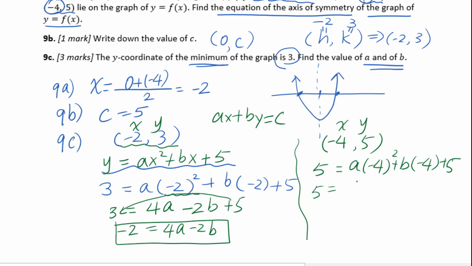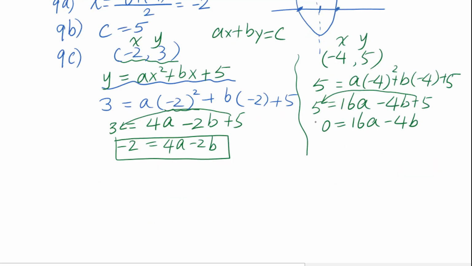So 5 equals 16a, since -4 squared is 16, minus 4b plus 5. Cross the river, change the sign. You will get 5 minus 5 is 0 equals 16a minus 4b. This is the second equation.